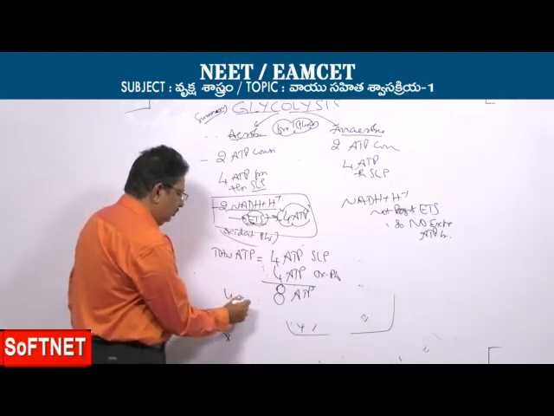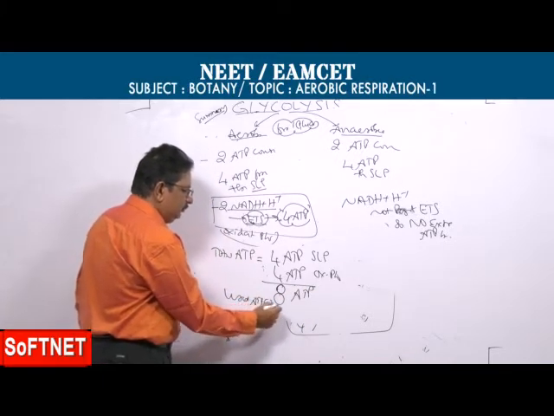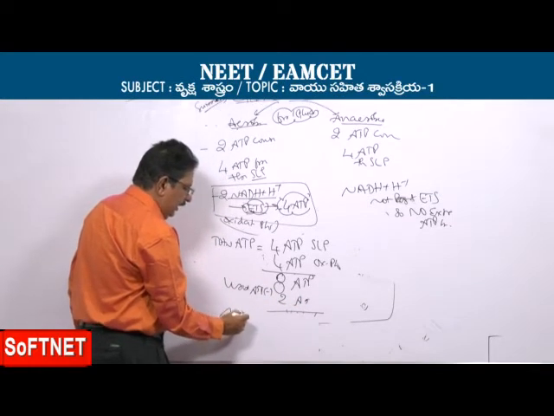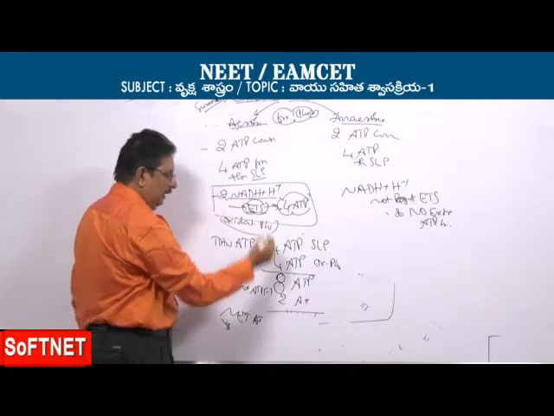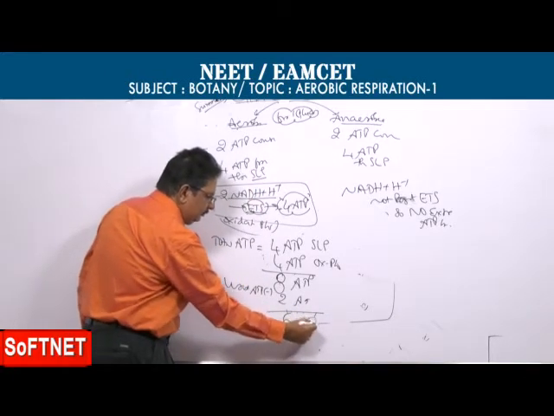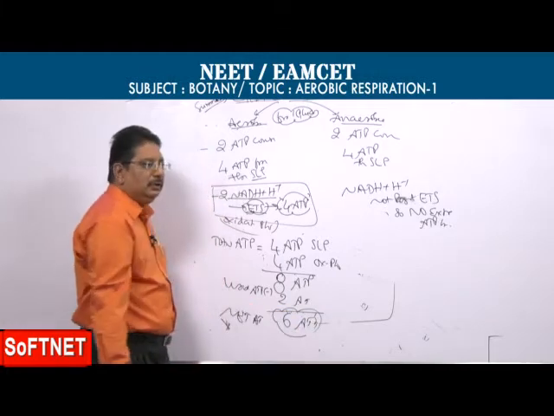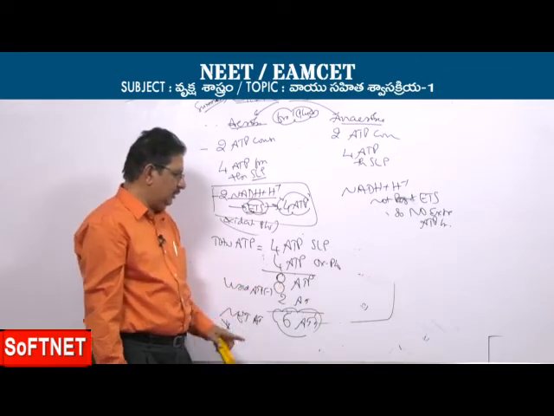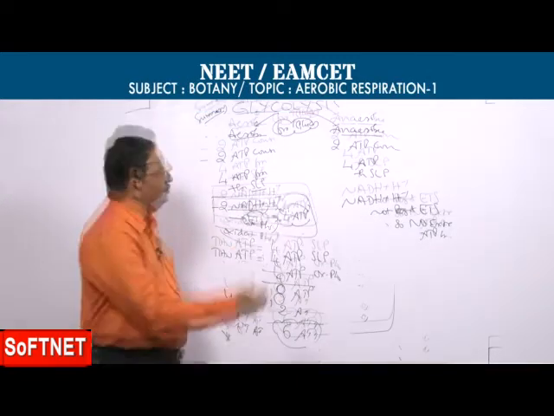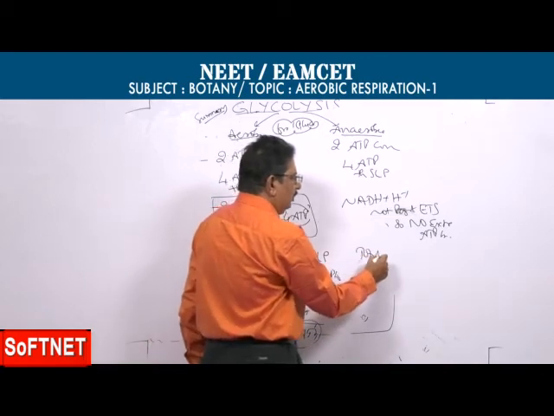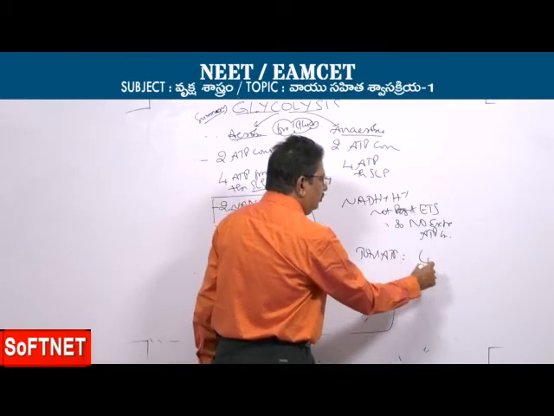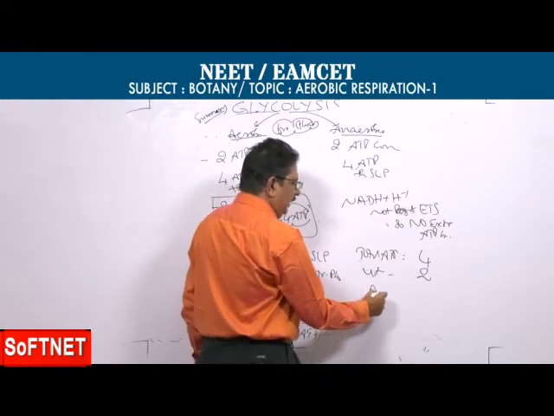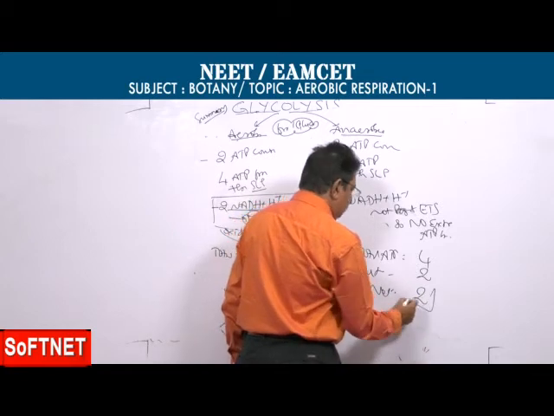But used ATP is 2. So, finally, the net ATP in aerobic glycolysis is 6. So, there are 2 types of questions. In aerobic glycolysis, the total ATP is 8, net ATP 6. But in anaerobic respiration, the total ATP generated is 4 and utilized 2, net ATP is finally 2.